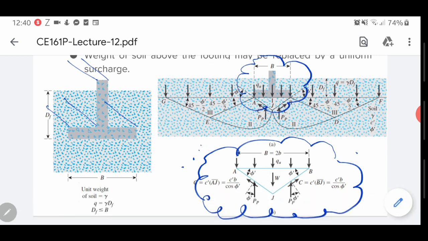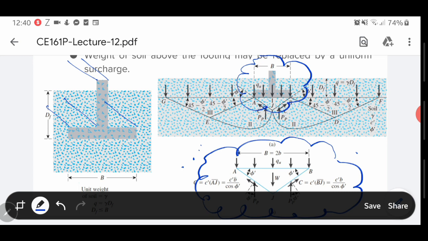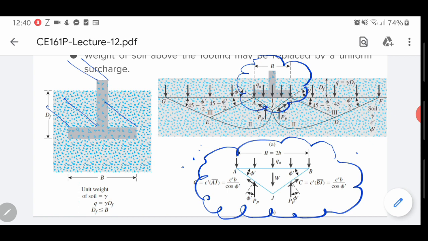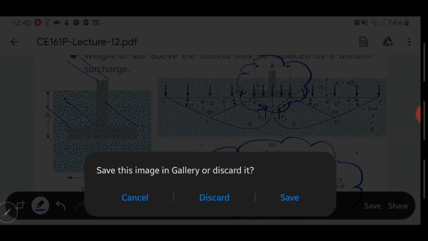The weight of the soil pushes the soil downward, but is resisted by the cohesive force, or the cohesion. Deriving it will take long.